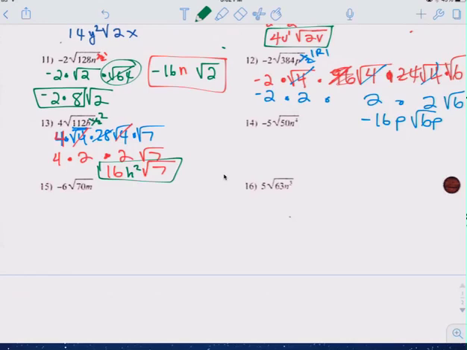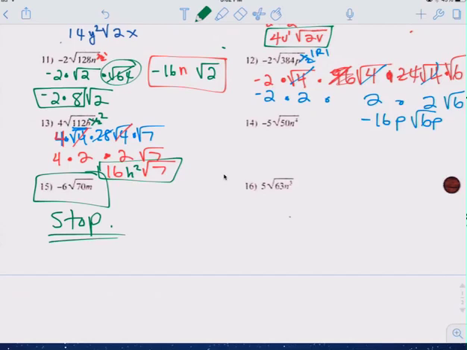This is simplified. You can't go any further. There's nothing for 70. So it's simplified. They tricked us.